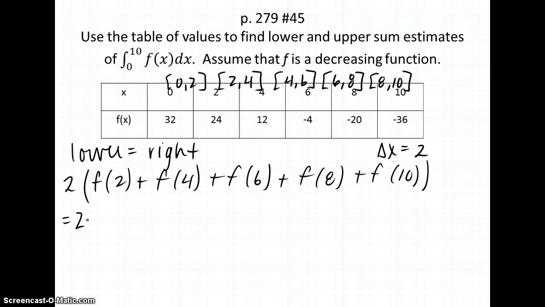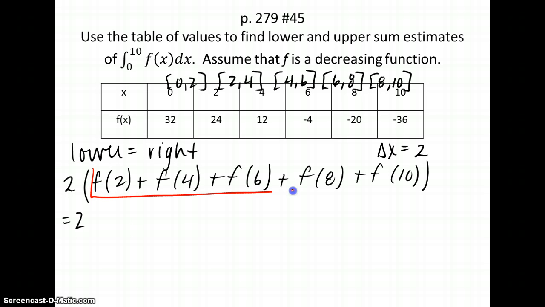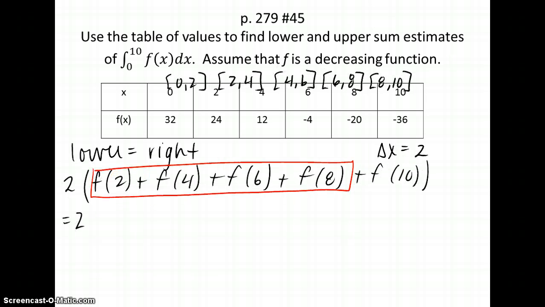The same things remain consistent. The middle values remain the same for the upper and lower sums. We know the left sum starts at f of a and excludes f of b, and the right sum excludes f of a and ends at f of b.